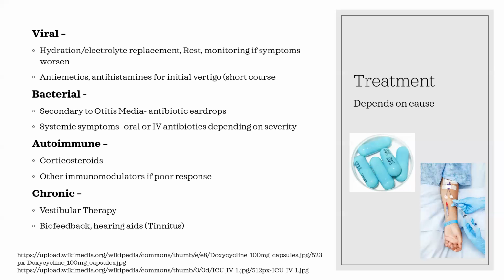However, if there are systemic symptoms, and this would be a high indication for possibly other systemic infections like meningitis or an infection of the cerebrospinal fluid, oral or intravenous antibiotics would be a more expedient way to treat the infection, depending on the severity of the patient's symptoms and if they're likely to develop other infections because of some other immunosuppressed state that they may have, or other causes.